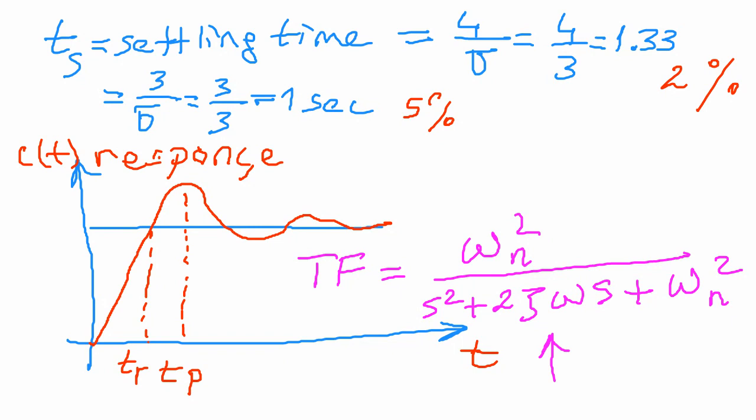Electrical people are familiar with this one, since this is a typical response, and you can obtain the resonant frequency, for example, from this one. If it is an LRC network, you can obtain those. But for a mechanical system as well, you can obtain that. Okay, so that's very important for you to understand.